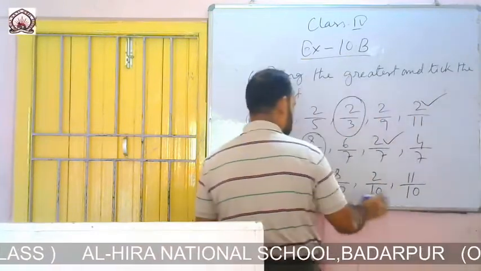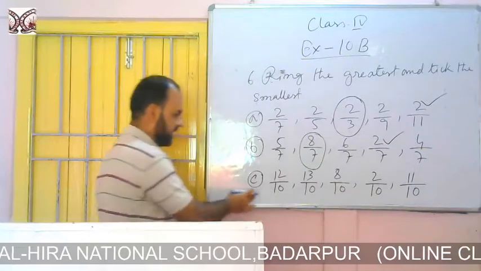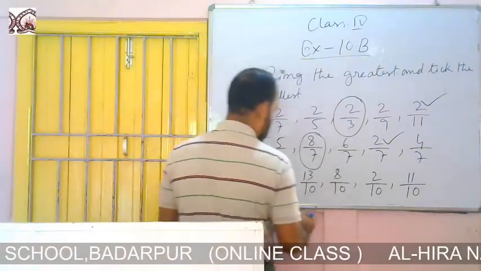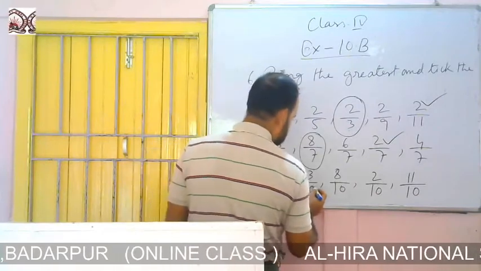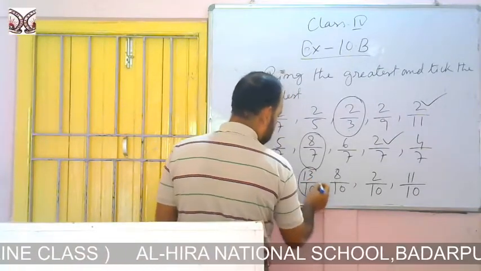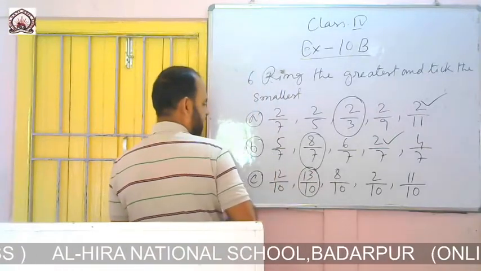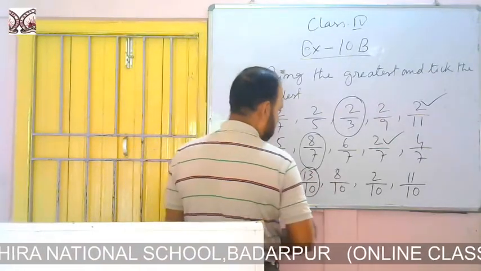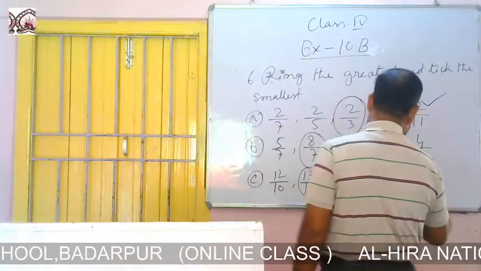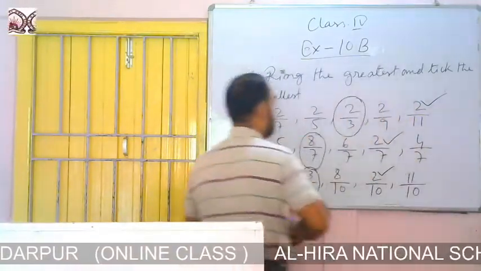So all denominators are same, so the fractions are like fractions. We know if all denominators are same, the one with the greatest numerator is the greatest. So here 13 by 10 is the greatest fraction, and 2 by 10 is the smallest fraction.